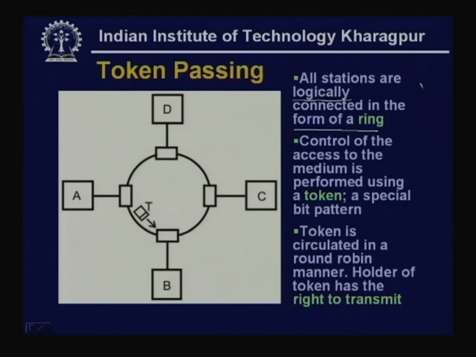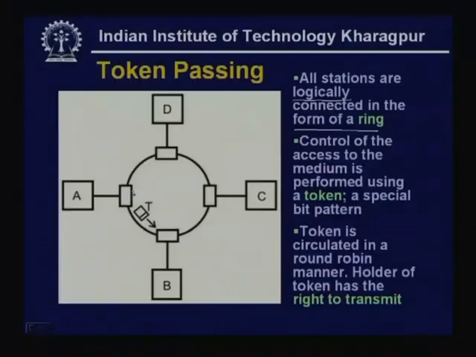So, either twisted pair or optical fiber is used for point to point link between the pair of stations.